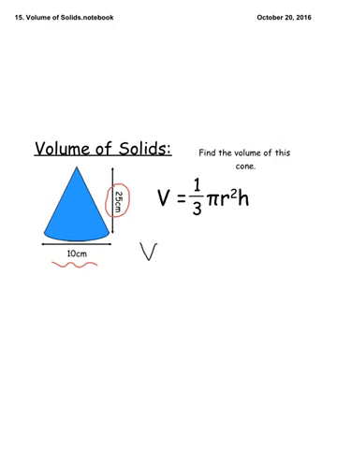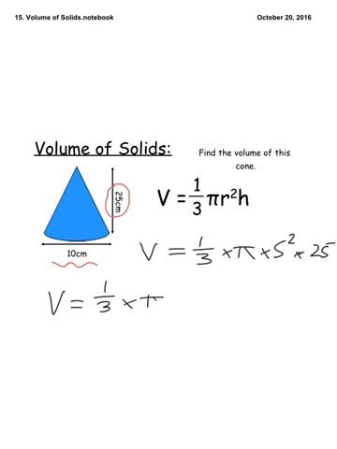Let's put all that into the equation. So we get volume equals 1/3 times pi times radius squared times 25, which is the height. If we wanted to unpack that slightly, volume equals 1/3 times pi times 5 times 5, which is the radius squared, and then times 25.